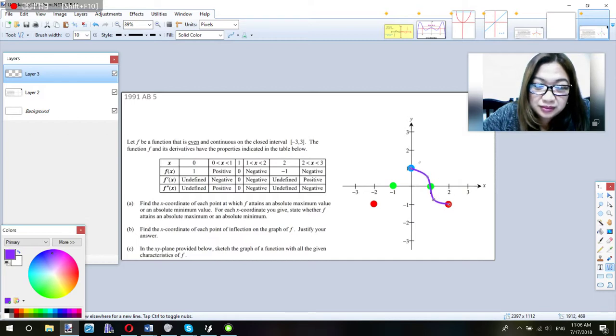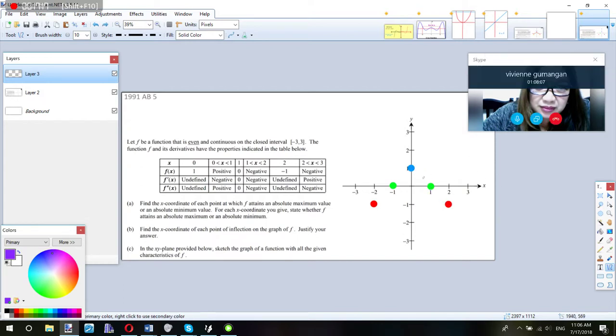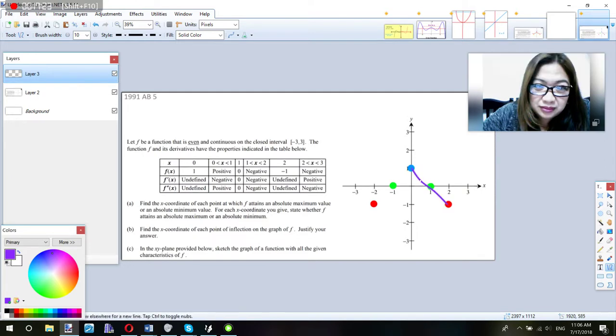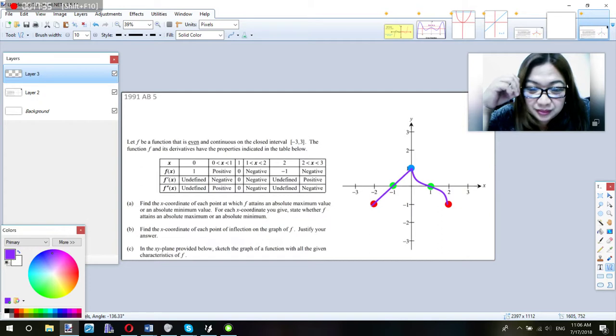Uh-oh, hold on. Didn't do that right, actually. I did the opposite. Try again. There we go. I am decreasing concave up first, and then I'm decreasing concave down after that. Okay, so my graph should look just like that. And it's symmetric, so I've got to do the same thing on the opposite side.